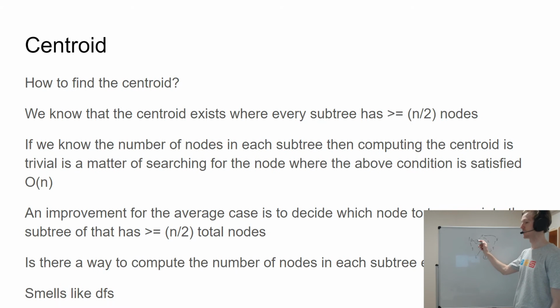So the value of my parent's subtree will be the size of this subtree. I know the value of this large subtree for the parent will be the total number of nodes take away the subtree at my node.